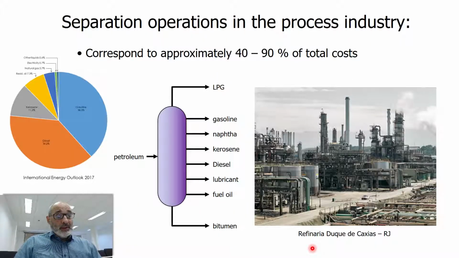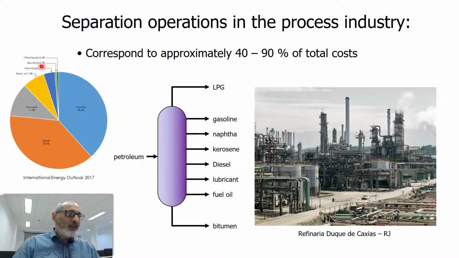Okay, so talking about separation processes, I think this is one of the most important processes in industry. Roughly speaking, it corresponds to 40 to 90% of total costs. Just for you to have an idea of how much it is, you can think about, for instance, our fuels, fuel for the transportation sector: gasoline, diesel, kerosene, and so on.